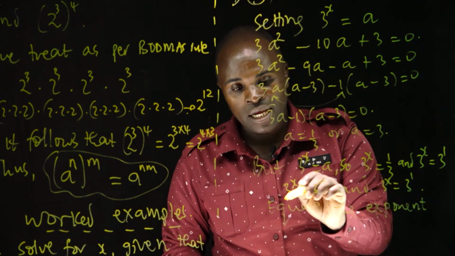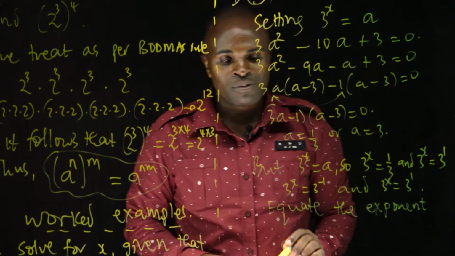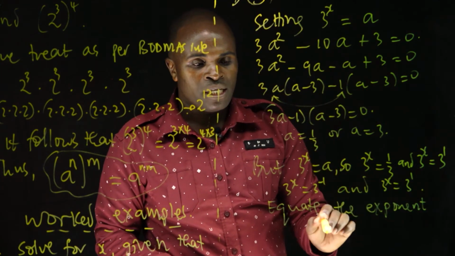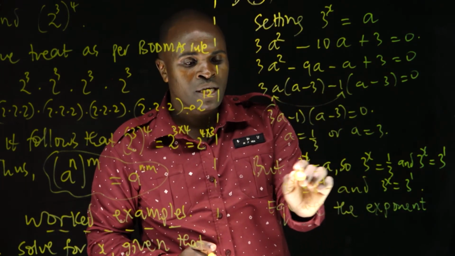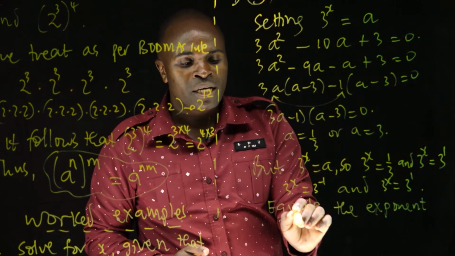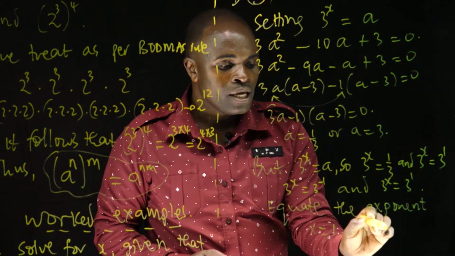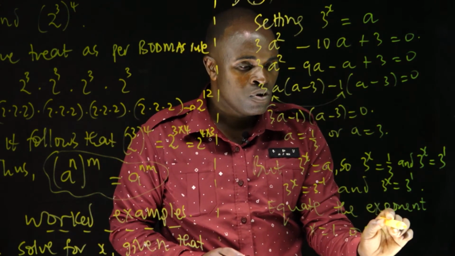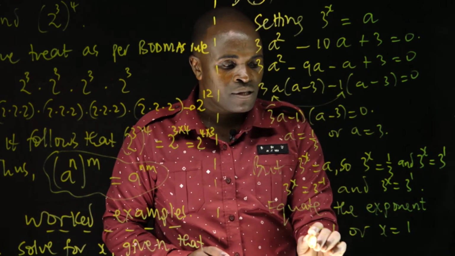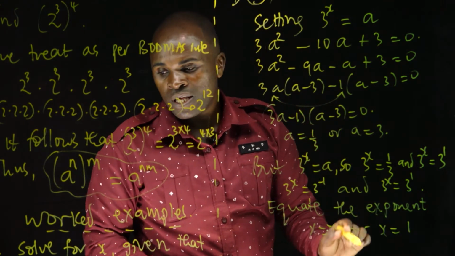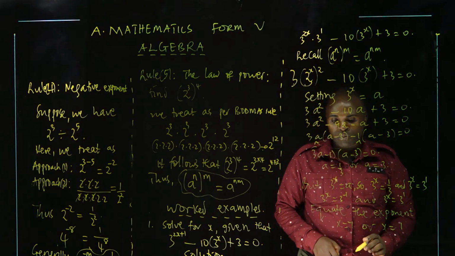If you make cancelling like this, that is awkward. It's not mathematical. You just have to write the words equate the exponent. A reader will know that you are taking the upper part, leaving the base. So x equals to negative 1 or x equals to positive 1. Now these are the results, negative 1 and positive 1. These are the results from this example.